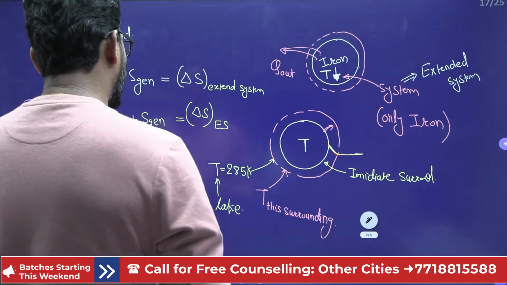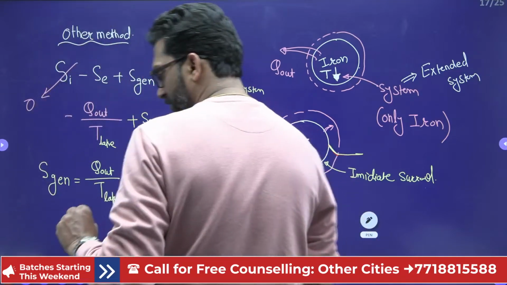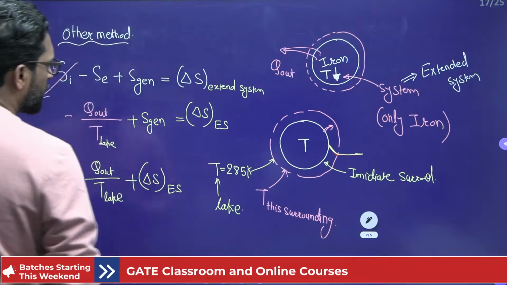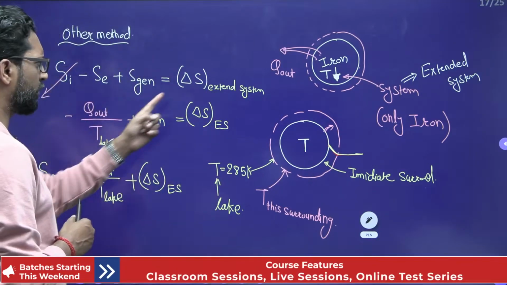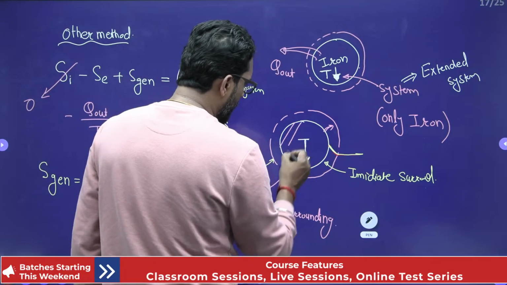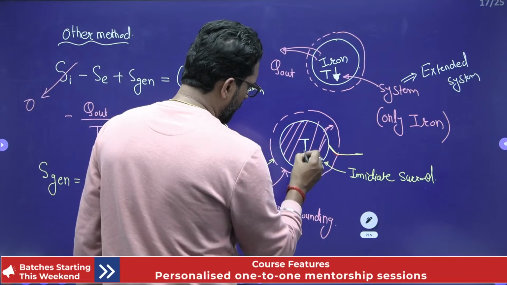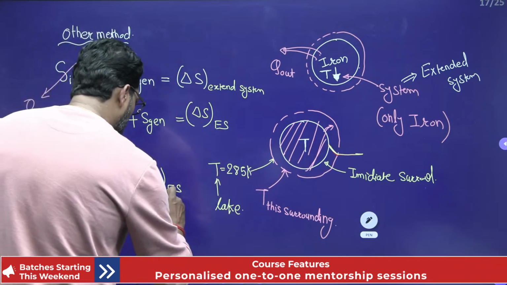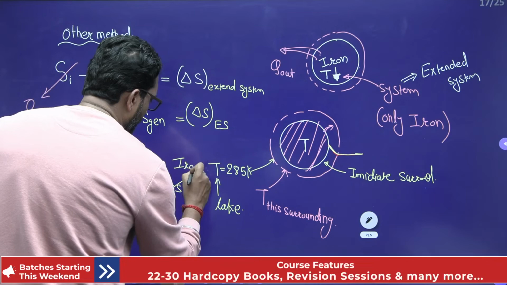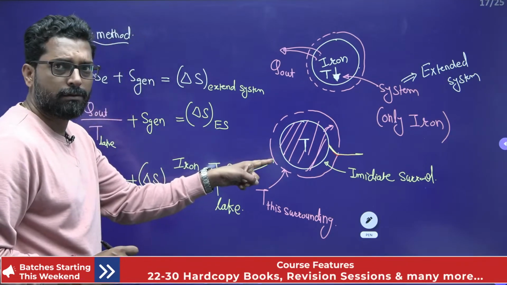And what is that extended system? The system is only iron, but the extended system includes the surrounding, with the iron very near to this one.